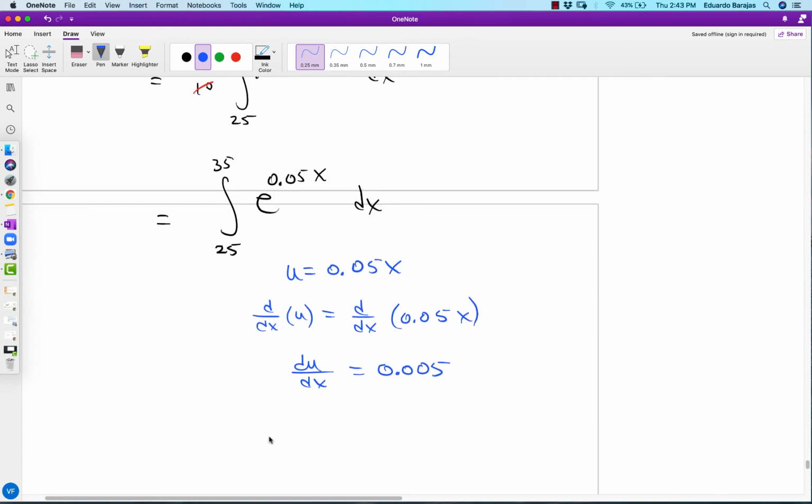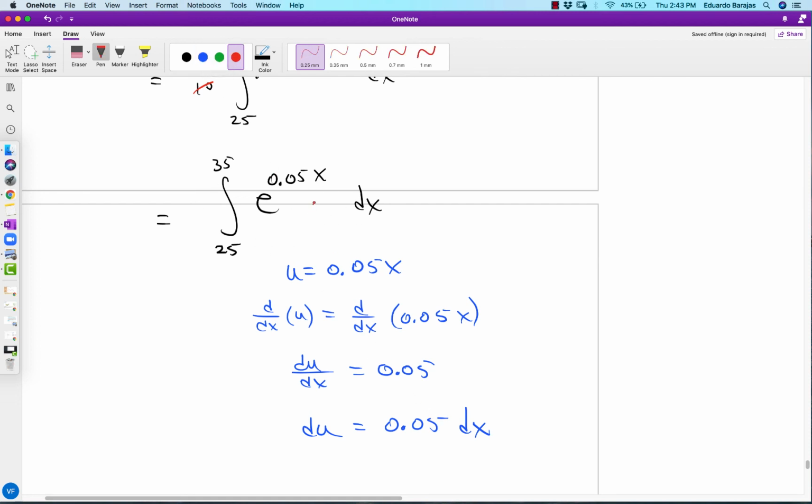Multiplying both sides by the dx, we get that du equals 0.05 dx.